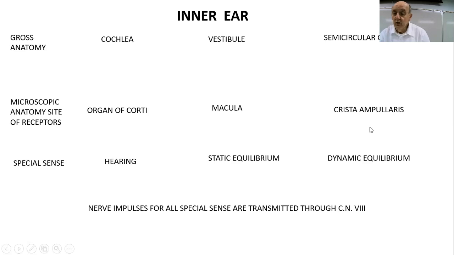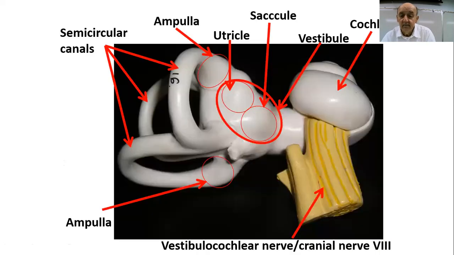So what could move liquid through the ampulla? I'm going to go back here for a minute to the inner ear. Take a look at the semicircular canals. Of course, they are filled with liquid, just like the vestibule and the cochlea.